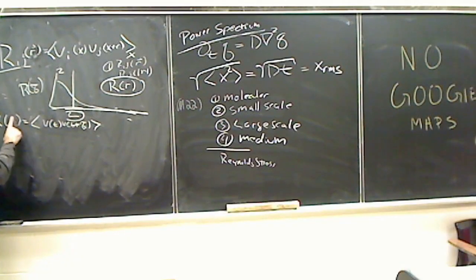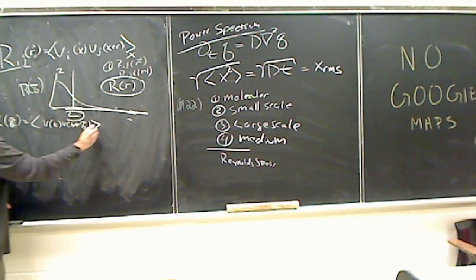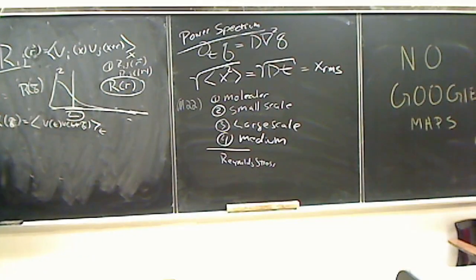This function is a function of tau, and we average over time. Same idea. I pick a point in time, and then some point in the future. How likely is the point that I'm at now to predict what that point in the future is? And the further away I get in time, the worse it gets.